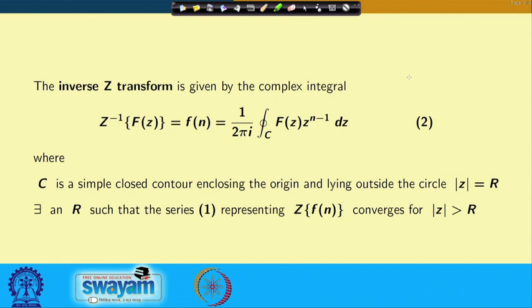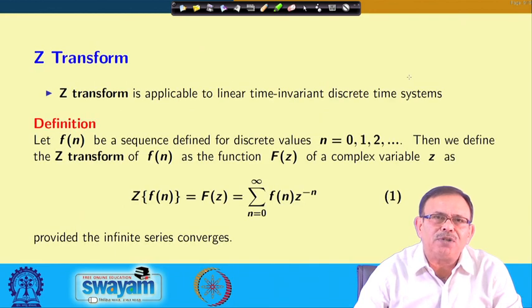the region and the origin and lying outside the circle modulus of z equals r, and we are choosing r in such a fashion that the series represented by the Z transform of f n converges for modulus of z greater than r. So, please remember this function, that the Z transform of f n equals summation n equals 0 to infinity f n into z to the power minus n.